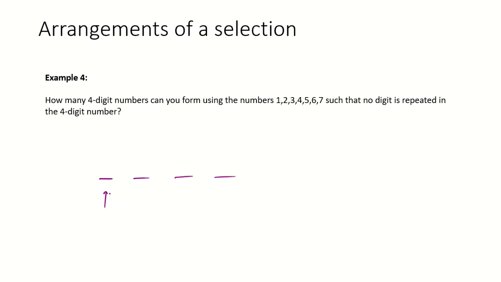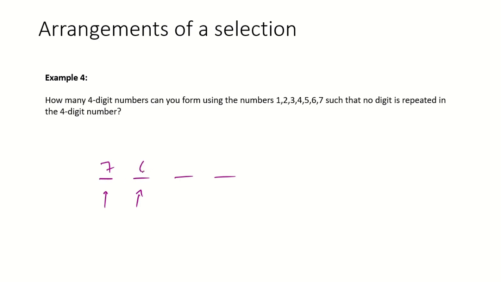It is 7, right? Any of the 7 digits can occupy the first place. Now, since no digit is to be repeated, the second place has only 6 remaining options to choose from, right? 6 remaining numbers to choose from, because one of the numbers is already taken by the first place.